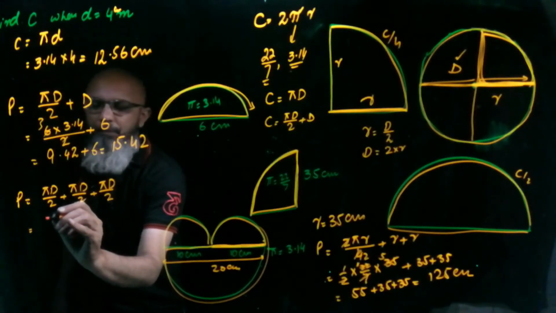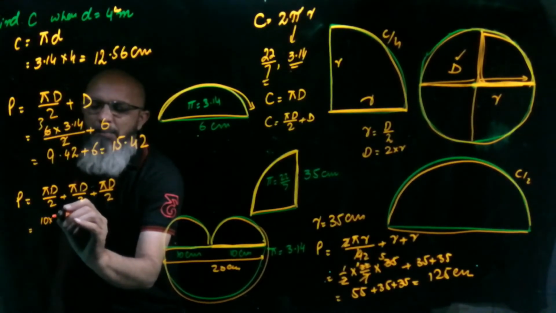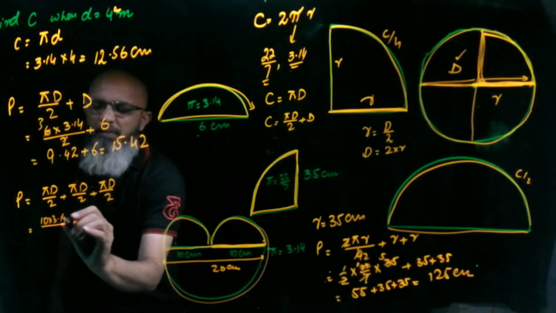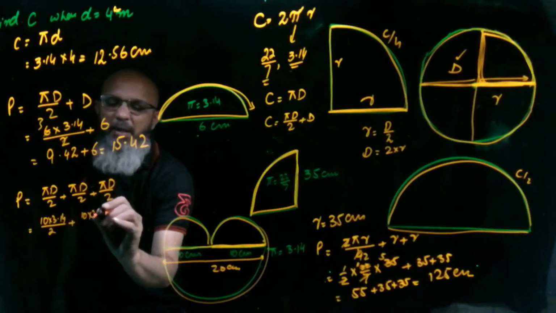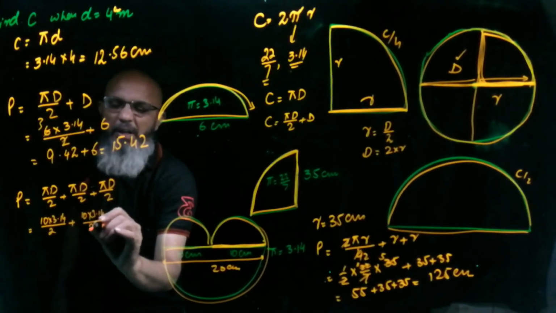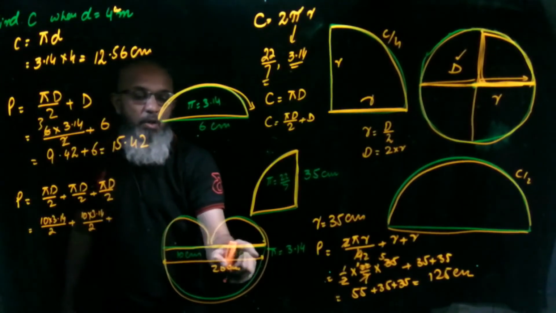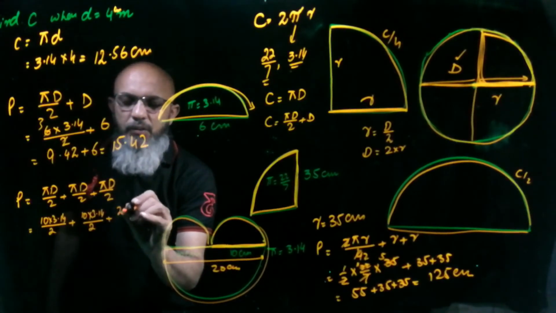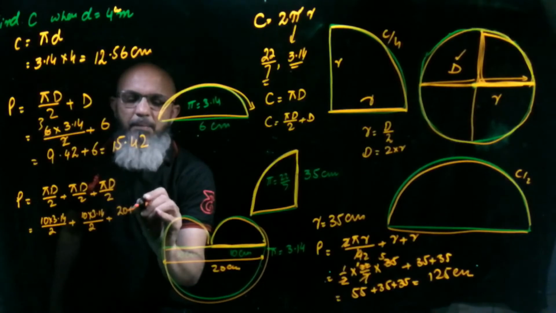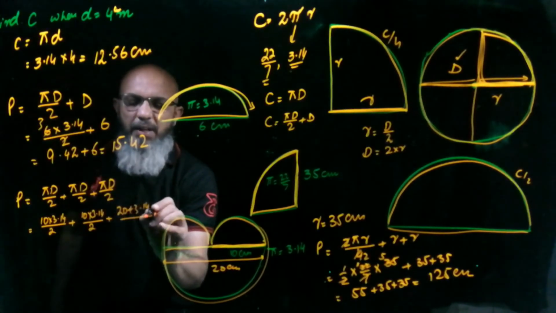Okay, so 10 multiplied by 3.14 divided by 2, plus 10 multiplied by 3.14 divided by 2, plus, now the diameter is 20, the third is the bigger circle, so 20 multiplied by 3.14 divided by 2.